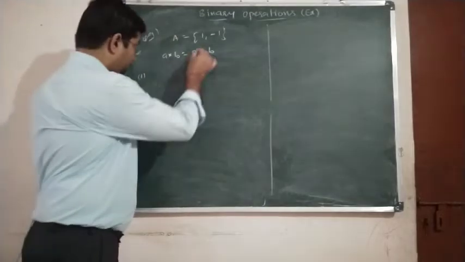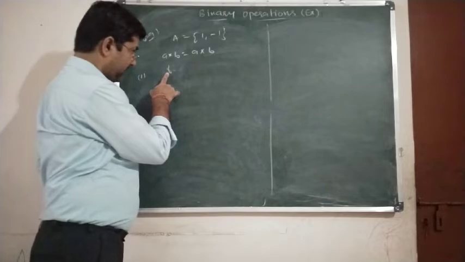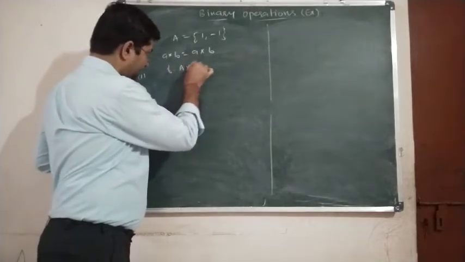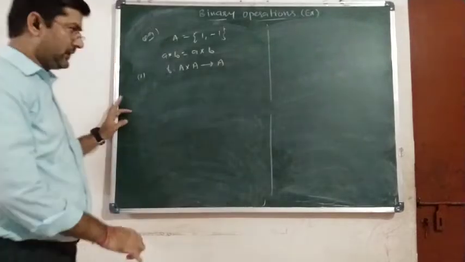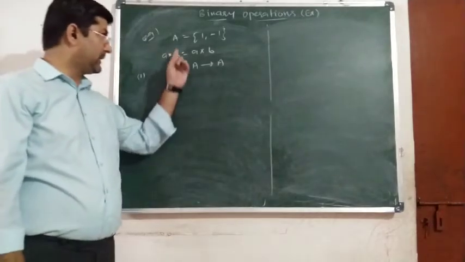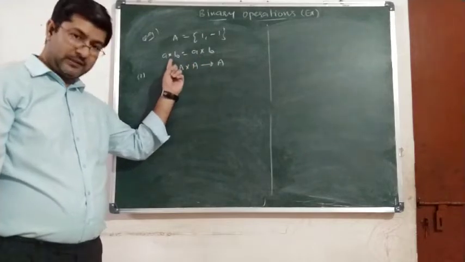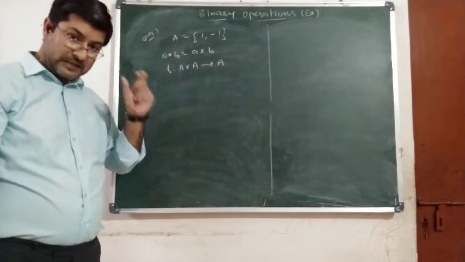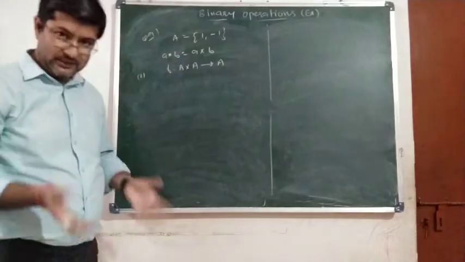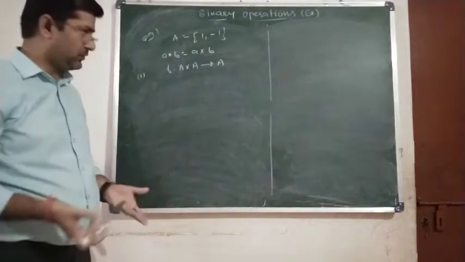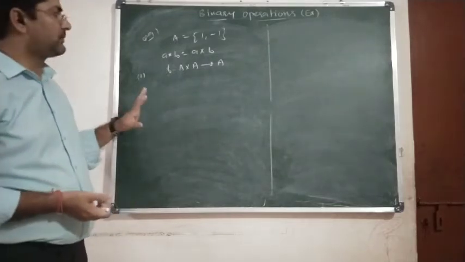I mean to say, if we are taking a binary operation denoted by f, obviously it is a function f from A cross A to A. Clear? So if we take any two elements from set A, then on operating, whatever answer comes must come in set A only. Then only it is binary. By definition only, so obviously it will hold the closure property. Clear? So that is the closure property.